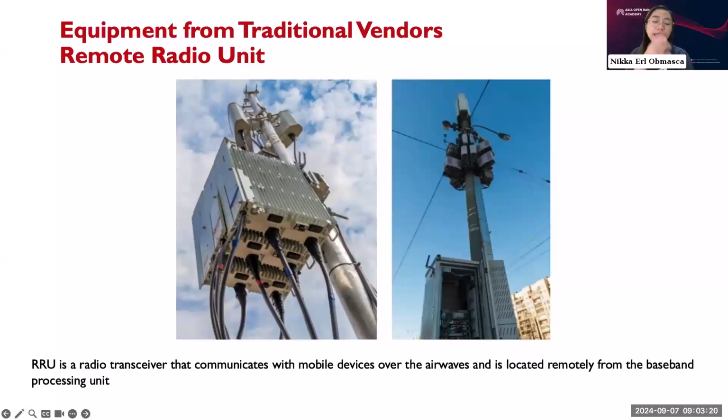So yung RRU natin is a device that helps your phone, the user equipment, connect to the cell tower or yung RAN natin. Your phone connects to the cell. It's usually placed malapit nga dun sa mga antennas natin, dun 'di ba kanina dun sa tower structure natin. Yung RRU natin, usually nilalagay siya kung saan malapit dun sa mga antenna natin. And ano ba yung pinakang main job ng RRU natin?